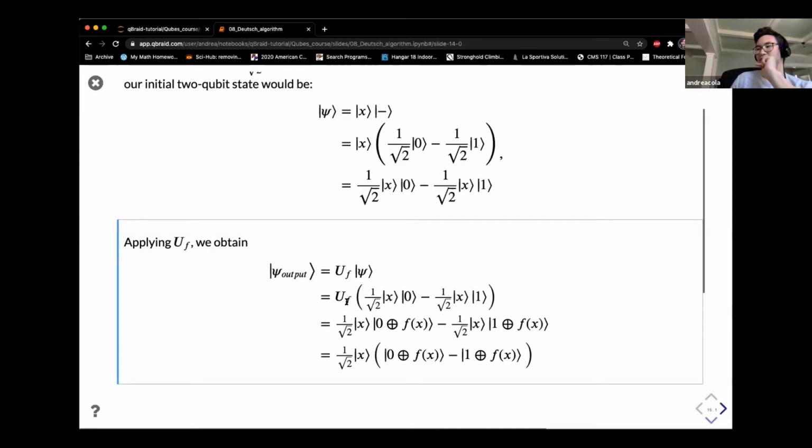We can group this by factoring out the first qubit, which is always in the x state. So we can rewrite this as 1 over square root of 2 x, and then simply 0 plus f of x minus 1 plus f of x.